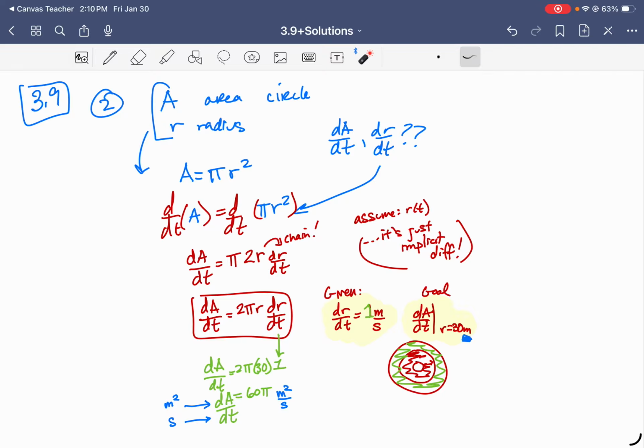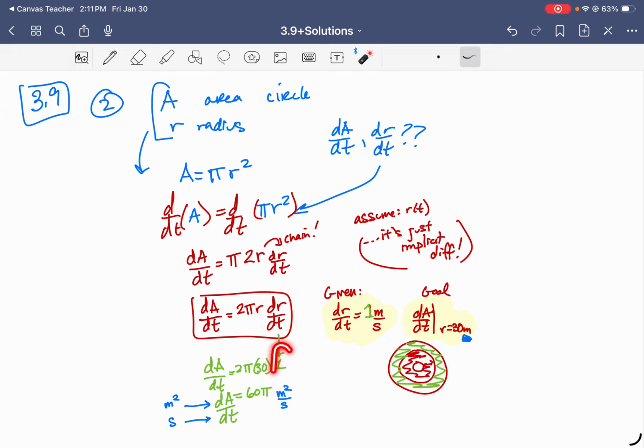They say, suppose you got an oil spill and it spreads in a circular pattern. So we've got this, and then over time the radius gets bigger and we add more oil, right? If the radius of the oil spill increases at a constant rate of 1 meter per second, how fast is the area of the spill increasing when the radius is 30 meters?